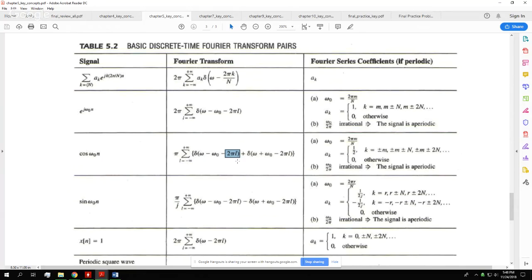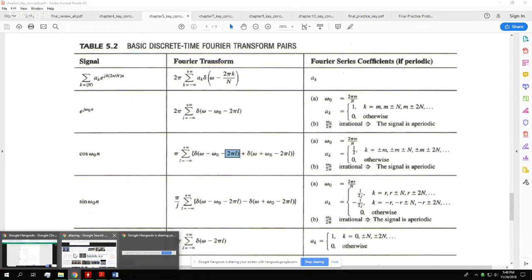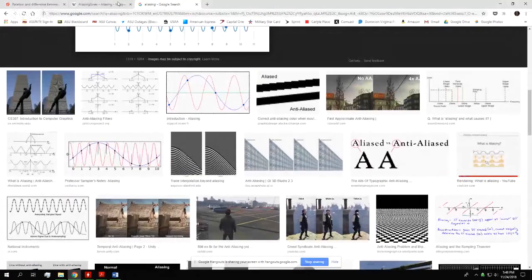And what this is for is aliasing. So we learned what aliasing is, and I actually have some cool tabs over here showing us pictures of aliasing.